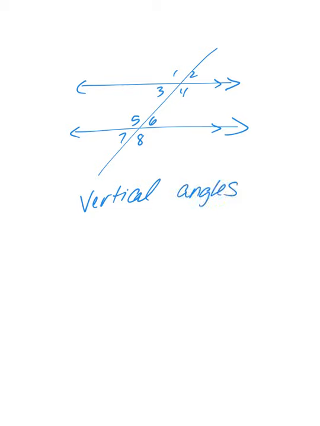So it's going to be 1 and 4, 2 and 3, 5 and 8, and 6 and 7. Everybody get that? They're across each other on an X. You've got to be able to see X's in your picture. They're going to show up everywhere. And all of those pairs are congruent to each other because any vertical angles are equal to each other.